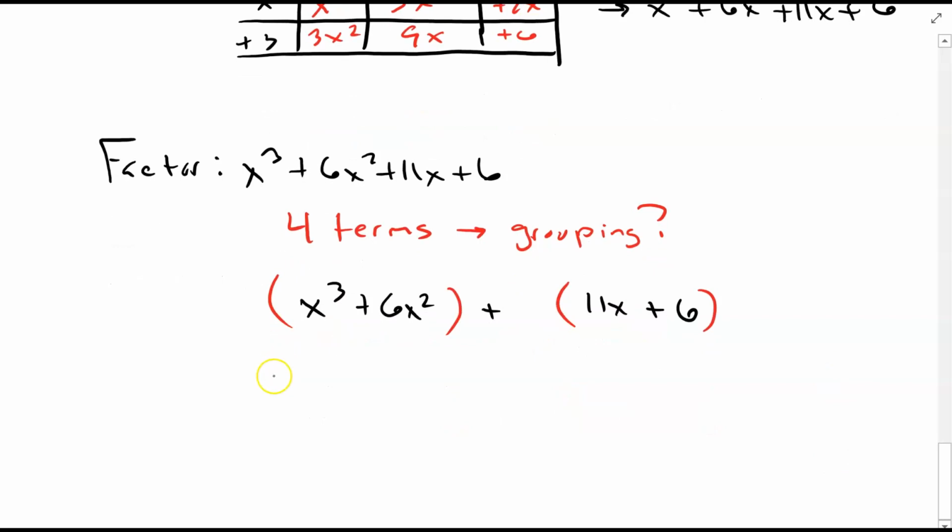So from the first group, I can take out an x squared. In the second group, though, the only greatest common factor is 1. There's nothing in common between 11x and 6 other than 1.